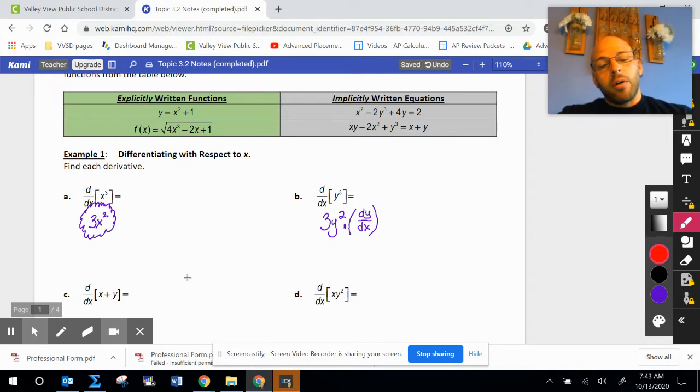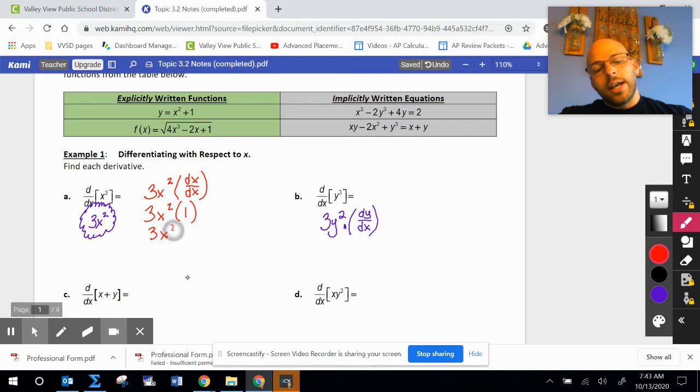When you do this power rule, I take the derivative of the power, drop the power down, lower the degree, and you're actually taking the derivative of x with respect to x. Do you notice how we have a dx over dx? Anytime you have the same thing in the numerator and denominator, that's just 1.